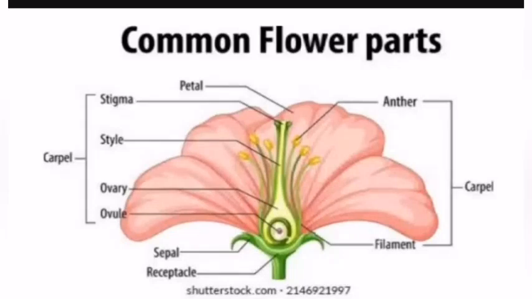The anther and the filament make up the stamen. The filament is just the stalk, whereas the anther is where pollen grains mature. Then lastly, you find the carpel. The carpel is the female reproductive part of the plant.